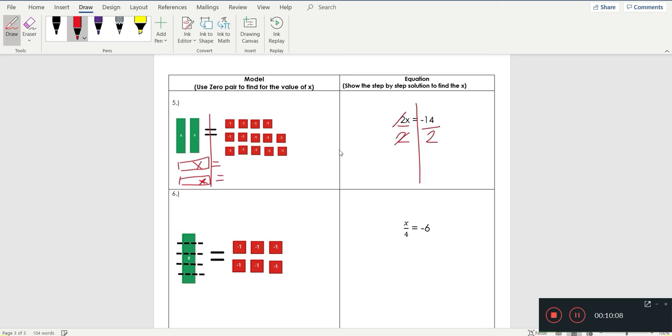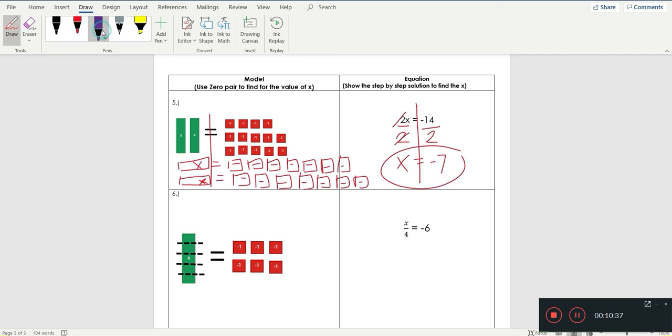So you're right, x is equals to what? Negative 7. So therefore 1x should have 7 negatives. So 1, 2, 3, 4, 5, 6, 7. Have 1, 2, 3, 4, 5, 6, and 7. Okay? So it means 1x is equals to negative 7.